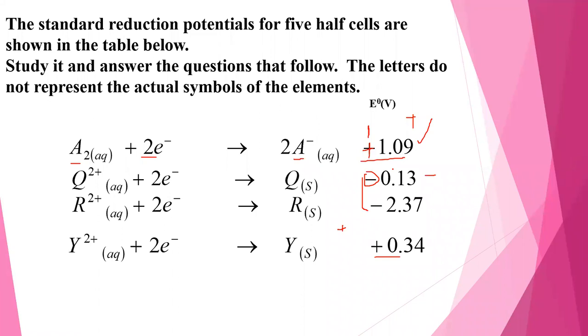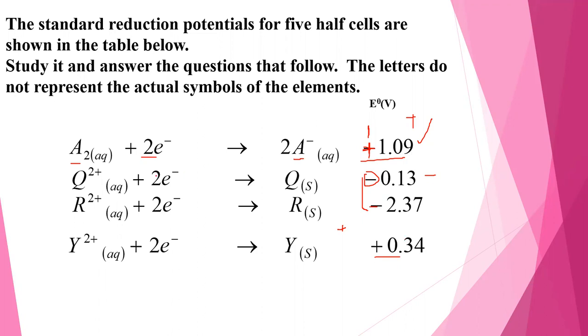How do you know that this one is the strongest reducing agent and this one is the least reducing agent? The most positive one is always the strongest oxidizing agent, while the most negative one is always the strongest reducing agent.